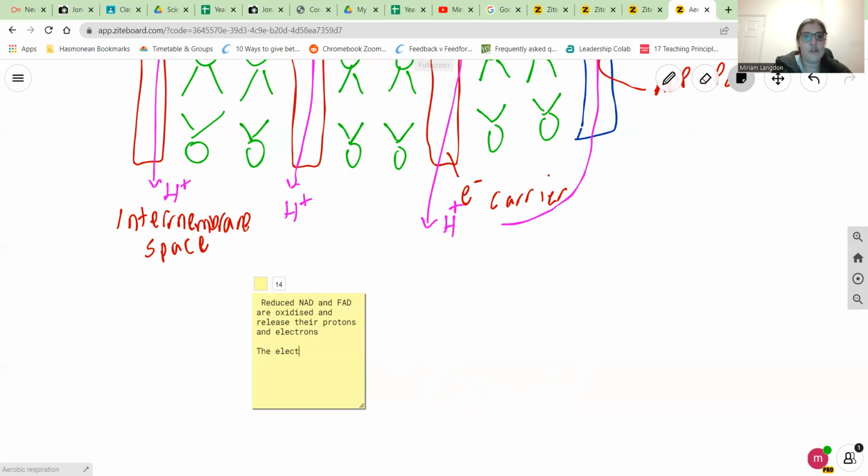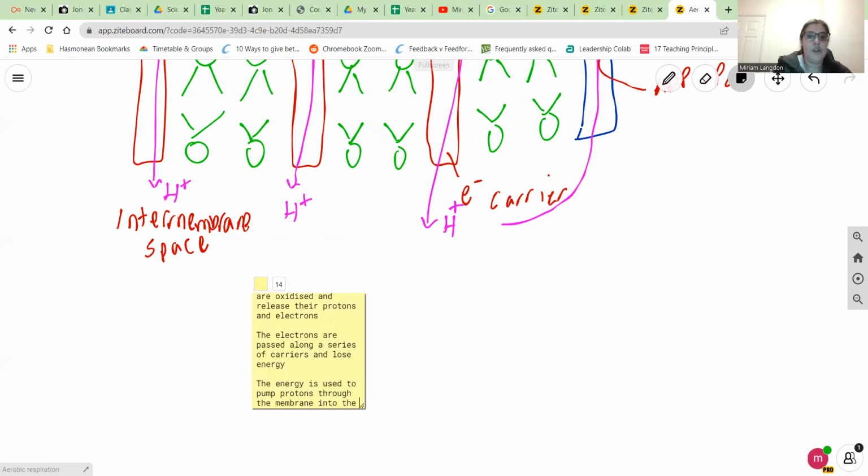The electrons are passed along a series of carriers and lose energy. Energy is used to pump protons through the membrane into the intermembrane space.